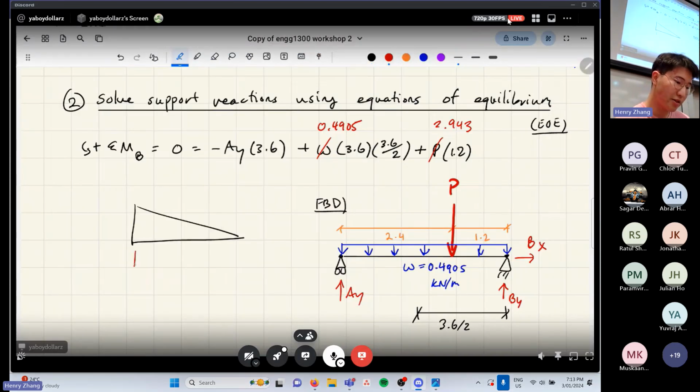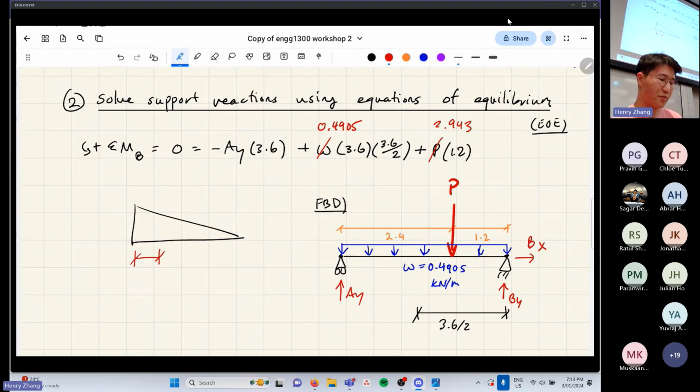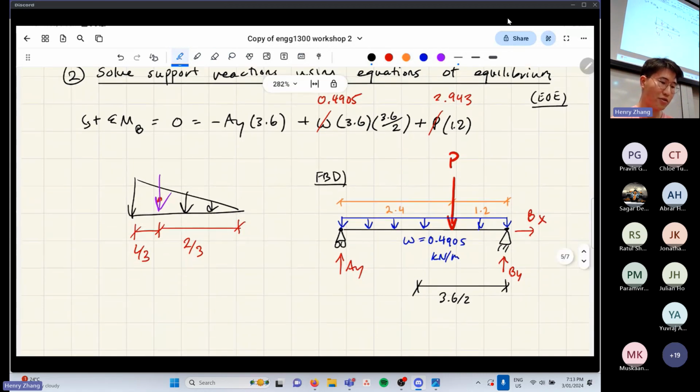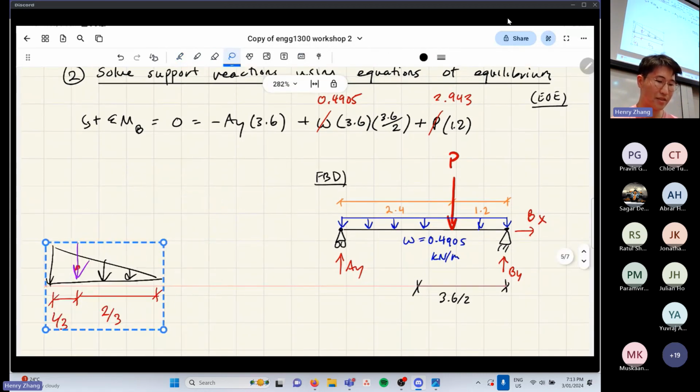Its center is going to be 1/3 from the big end, or 2/3 from the little end. So that's where you're going to pretend that the resultant arrow is. I'll leave that in the corner if anyone wants to copy that down, but I'm going to delete that later.